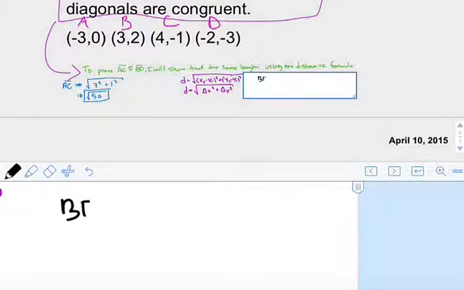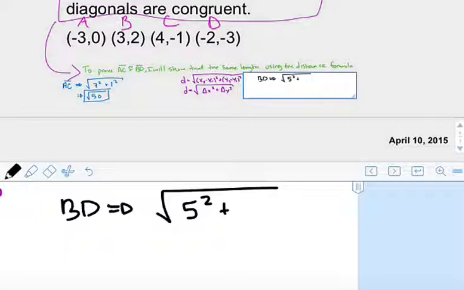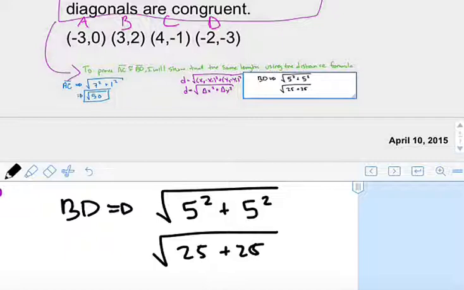So BD. Going from B to D, BD goes from 3 to -2, which is a 5. And then goes from 2 to -3 on the y's, which is also just a distance of 5. 5 squared is 25, 5 squared is 25, and so that's just the square root of 50.